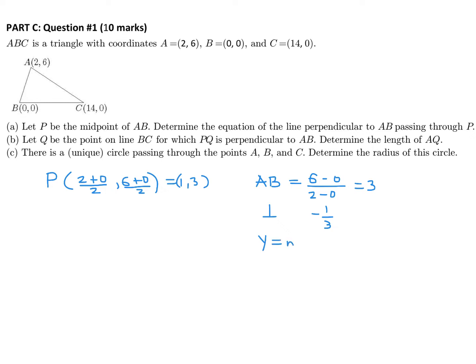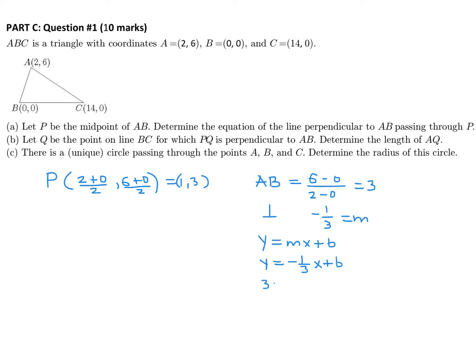All lines have the equation y equals mx plus b. This is my m for this particular line. So it's really y equals negative 1/3 x plus b. To figure out b, we just substitute a point on the line. And one of the points on the line is P, because the line passes through P. So P has the coordinates (1, 3), so substitute (1, 3) into this equation.